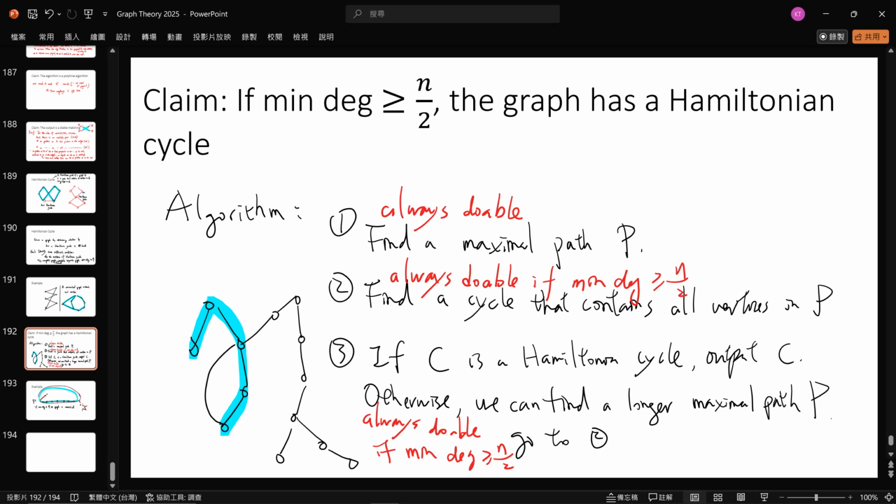If not, we can keep finding a longer cycle until we find a Hamiltonian cycle. Once we show that the second step is always doable, then we finish the proof. So we know that when the minimum degree is at least n/2, the graph must have a Hamiltonian cycle. And also we have an algorithm, okay?